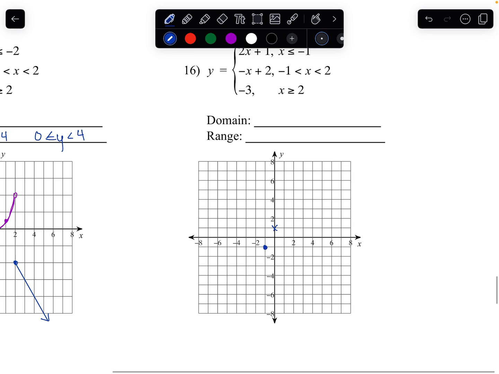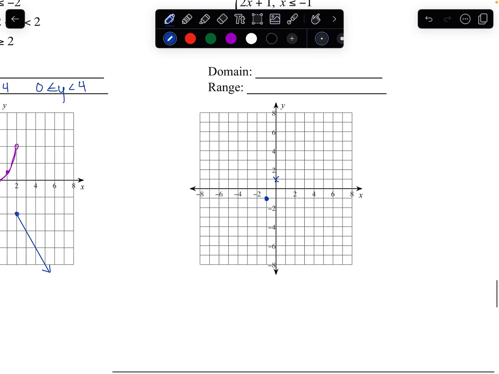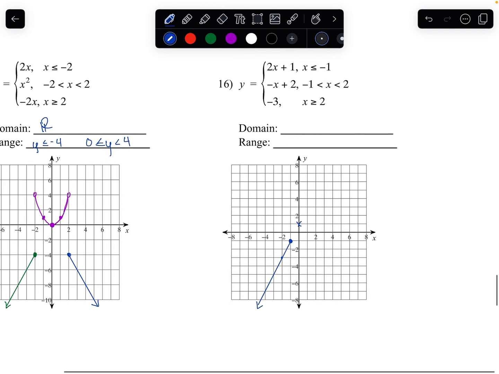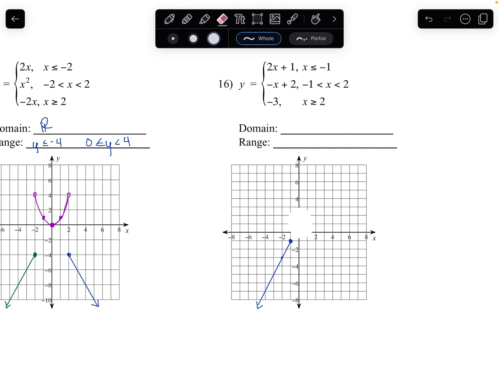So right here is where I'm going to start drawing it, but I'm going to draw it going to the left. So we'll have a point right there. So over 1, down 2, over 1 and down 2. Like that. So that's 2x plus 1, but only for values less than -1.